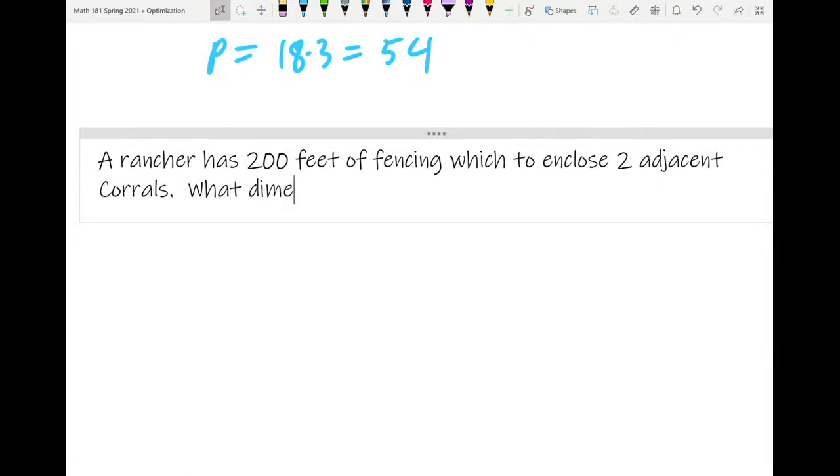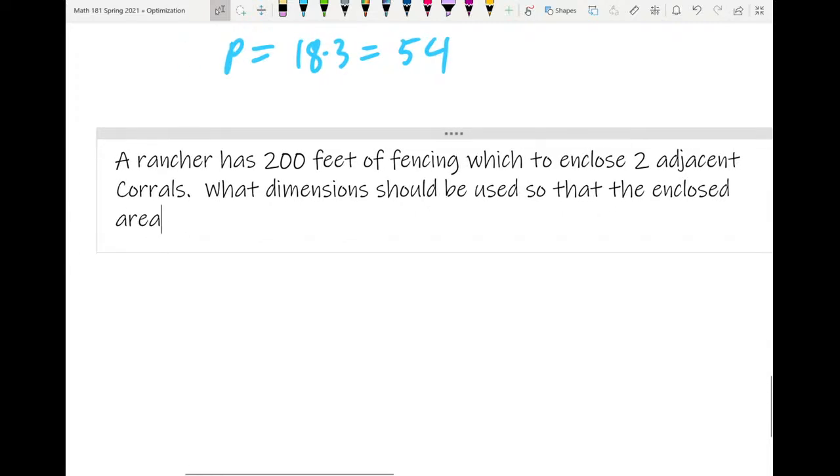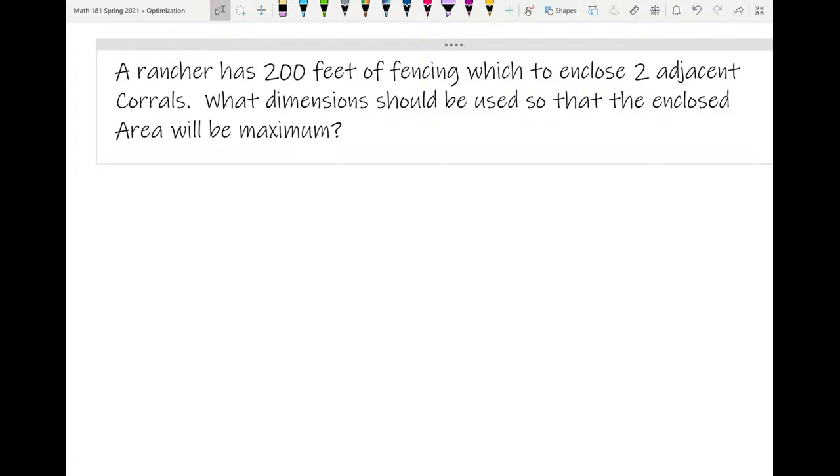What dimensions should be used so that the enclosed area will be maximum? Okay, try that one.